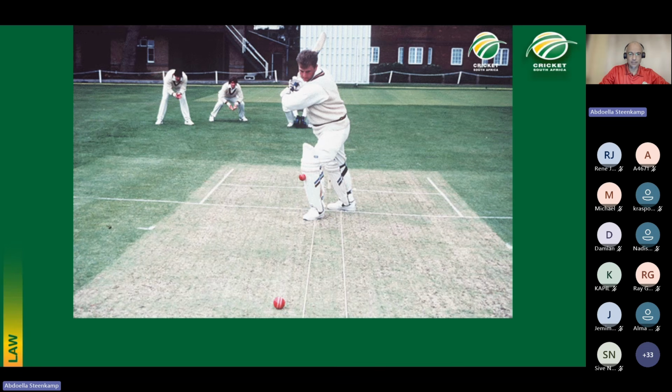Okay, so certain umpires associations around the country require a certain amount of practical on-field experience before allowing you to write Cricket South Africa's level 2 exam. But for those of you who will do level 2 with us online, you will be allowed to write whether or not you have any on-field experience.